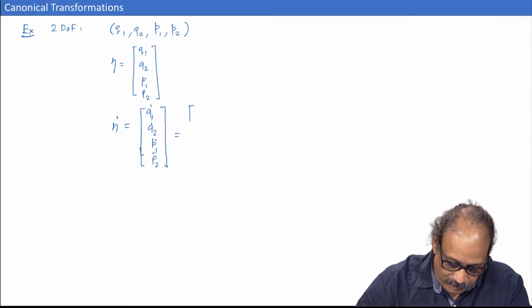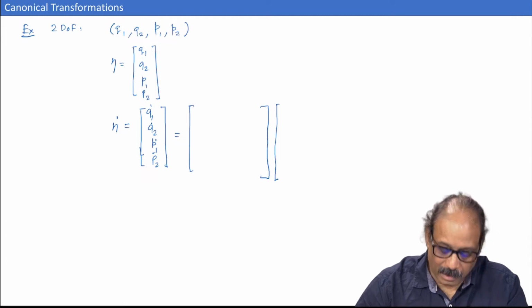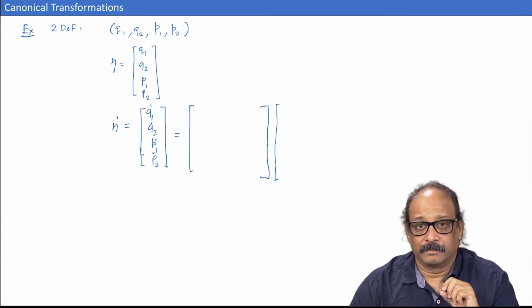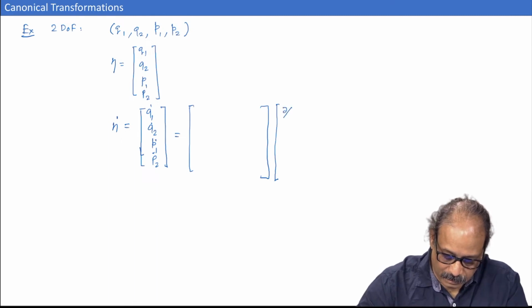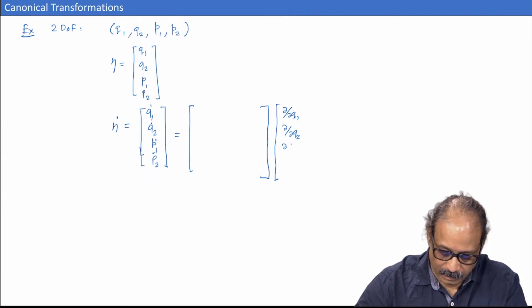And now I am going to put this in a matrix form. On the right hand side, I want to keep that gradient matrix with a proper order. So, this will be partial derivative with respect to q1, with respect to q2, with respect to p1 and with respect to p2, and this operates on H.